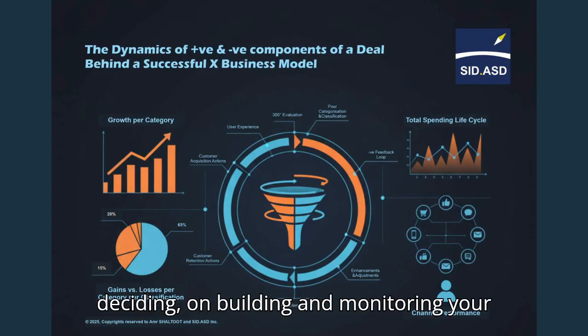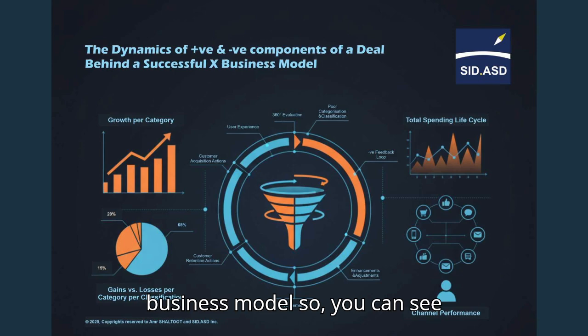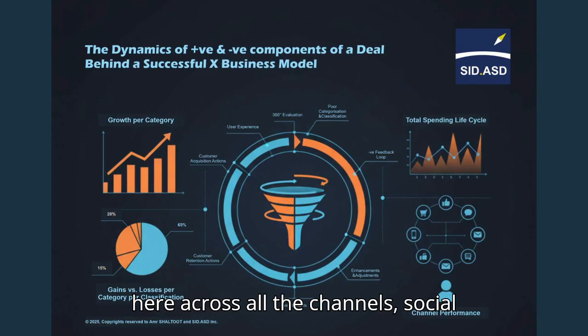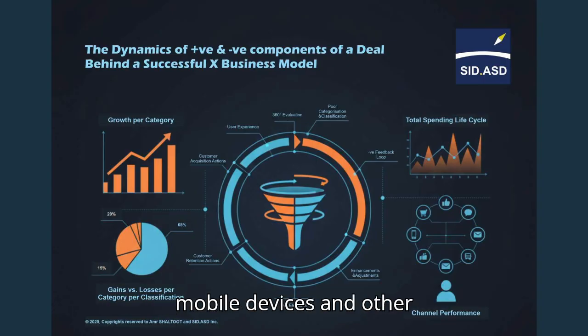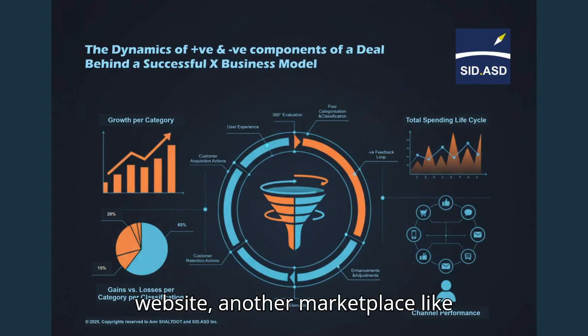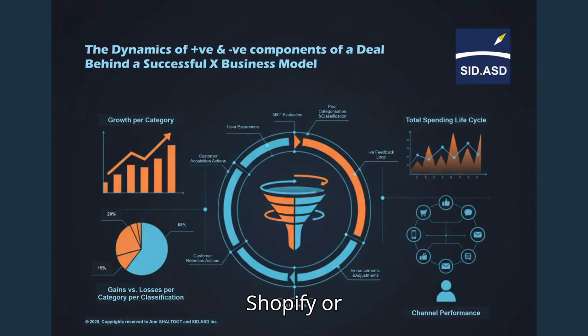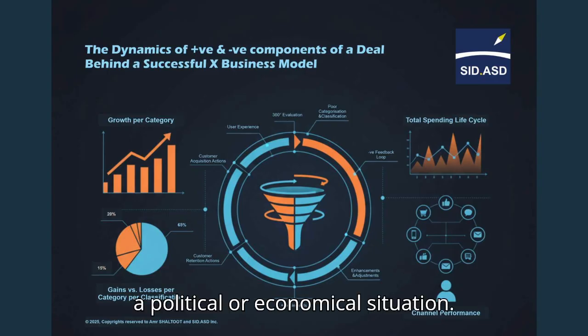So you can see here across all the channels, social media, chatbots, email, direct messaging, and everything, your website, mobile devices, and other devices, directly selling through your web application, your website, another marketplace like Shopify or selling on a Substack or communicating with your thoughts and analysis, in-depth analysis of, say, a piece of news or a political or economical situation.